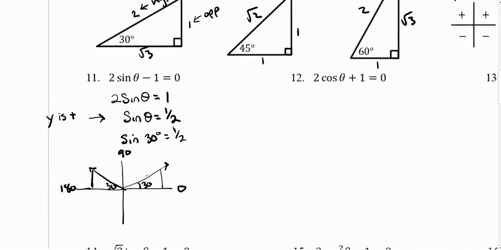So if we're in quadrant 1, we're pointed at 30 degrees. If we're in quadrant 2, we're pointed at 30 degrees less than 180, which is 150 degrees. And so those are our two answers. The sine of 150 will give us 1/2, and the sine of 30 will give us 1/2. So theta is either 30 or 150. You need to give both answers.